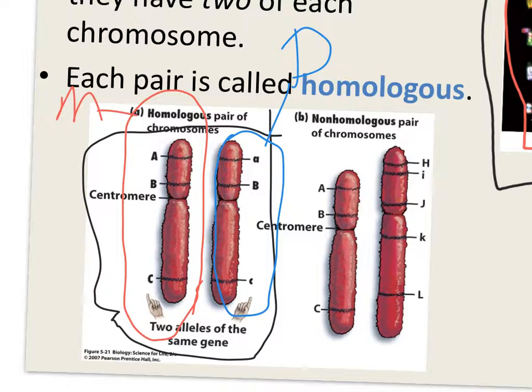That means they've got the same loci, as I've been saying. Now, in this case, they've got different alleles. So at locus A, you've got a big allele A and a little allele a. So they're heterozygotes. At B, they're identical. They're homozygotes, large B. And then at C, large C, small c. So you've got two alleles of the same gene.